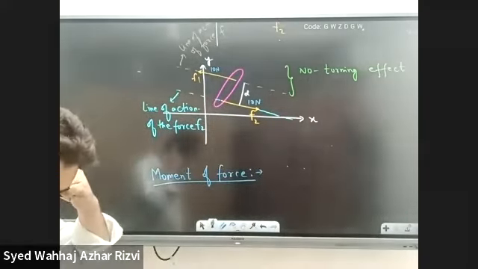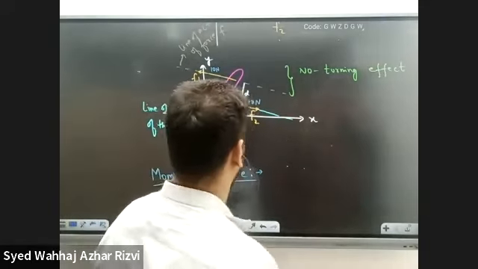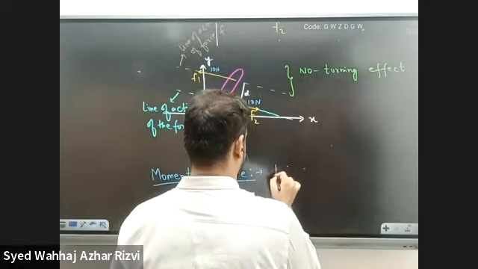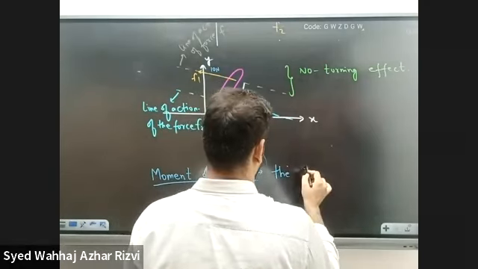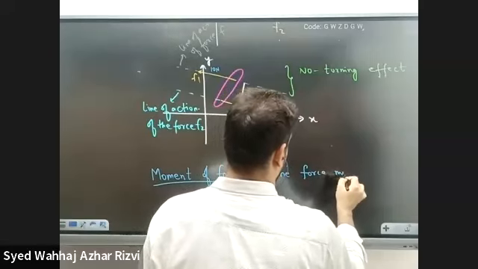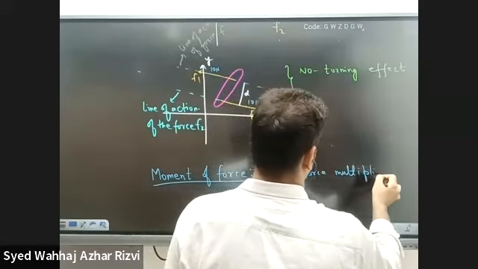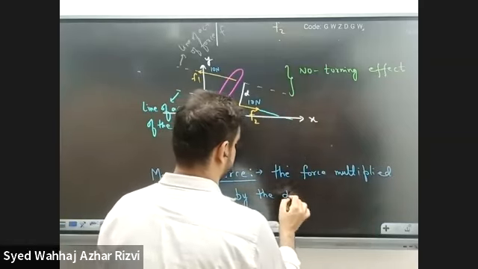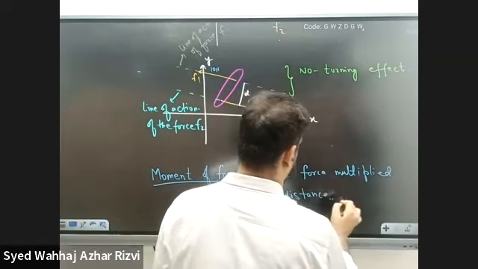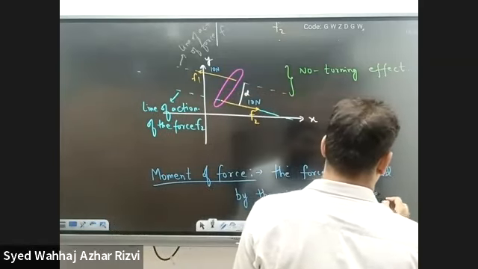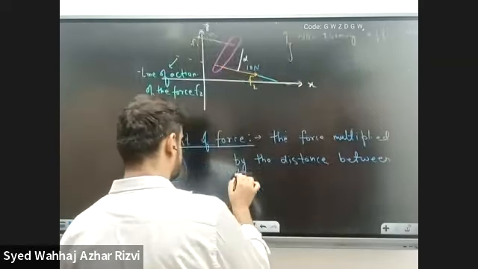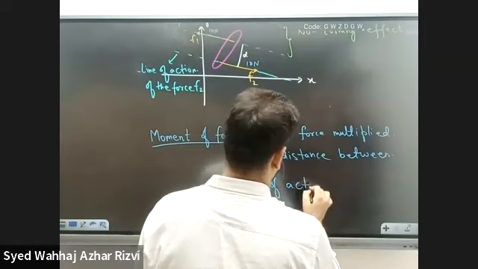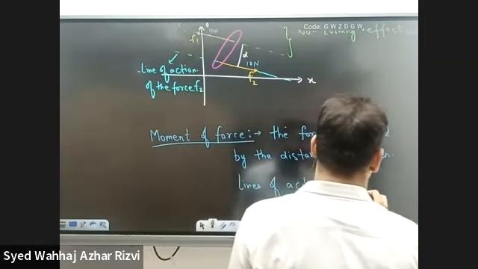A moment of force would be the force multiplied by the distance between the lines of action of both the forces.